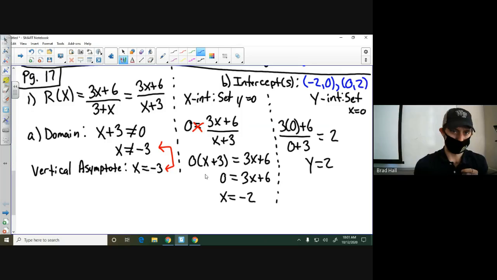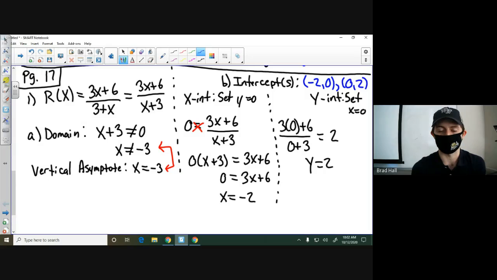So we have the domain, we have the intercepts. Finally, we need the equations of the asymptotes. Now here, we already have the equation of one of the asymptotes, because there are two asymptotes. If you have no idea what I mean by asymptotes, this is something I talk about explicitly in the rational functions videos, probably more so in depth in the graphs of rational functions video.